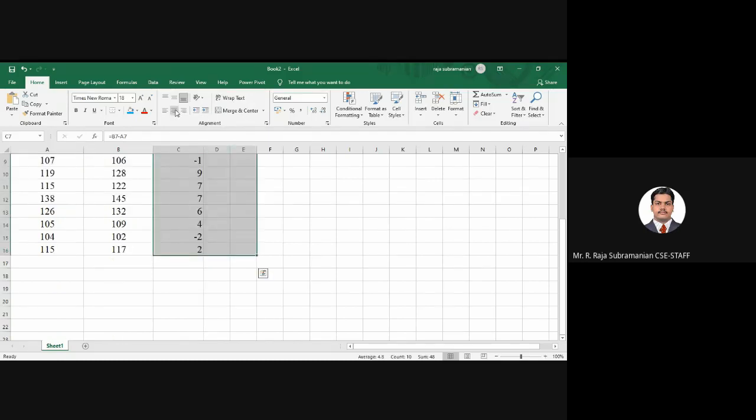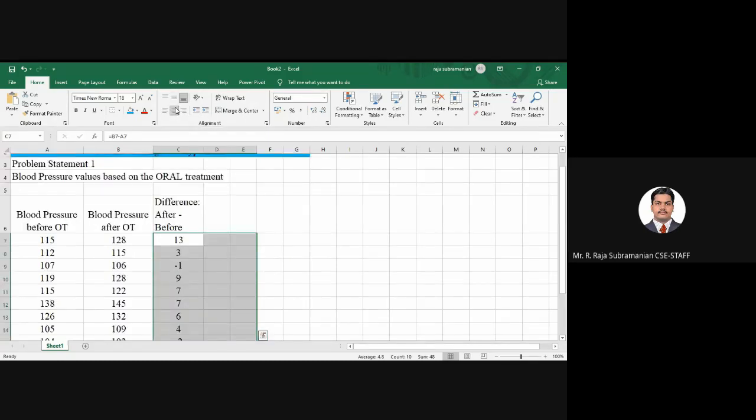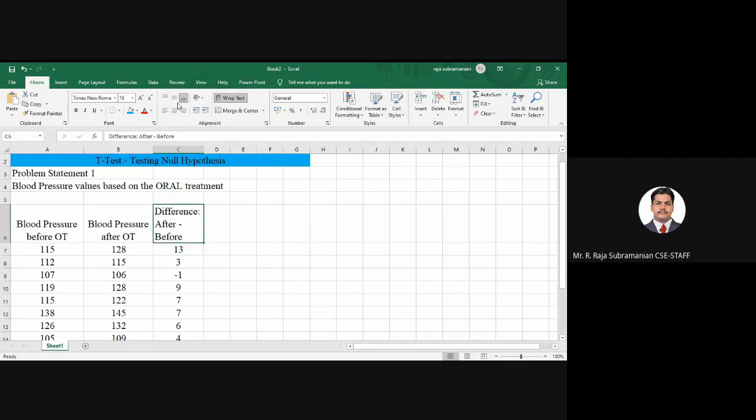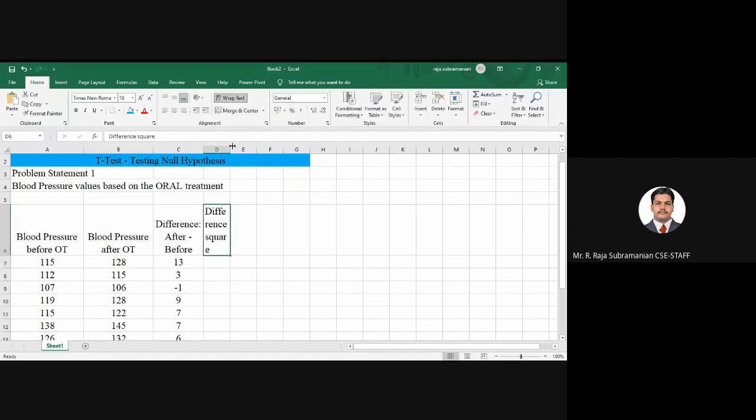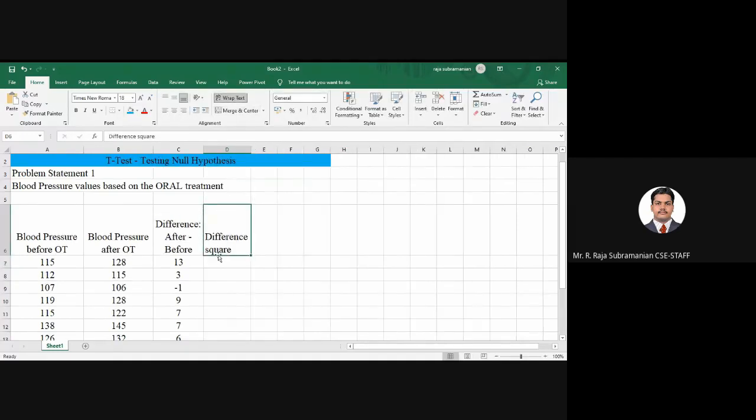Now what do we have to do? Now we will be doing these differences with respect to a particular value. I will also be squaring this difference because my formula requires squaring the difference. So I take the difference squared, which is 13 into 13, that is 13 squared, then 3 squared, minus 1 squared, and so on.